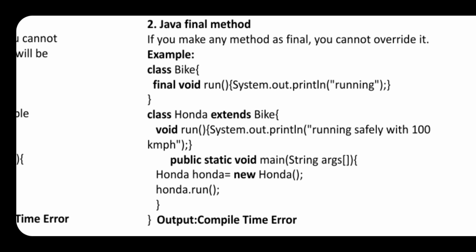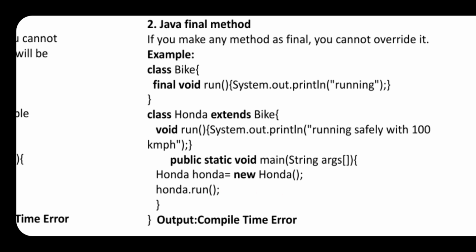If you write it that way, what is going to happen at that position? Honda honda = new Honda, then honda.run. Which function should be executed? As I have already said, if any function is defined with final and the same name is there, then ultimately you're going to get a compile time error, because it is not going to override the function.